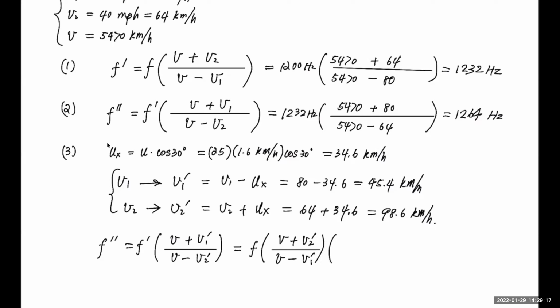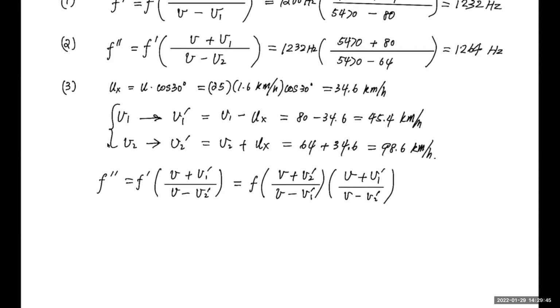And then don't forget this existing factor of V plus V1 prime and V minus V2 prime. Okay, now that you look at the last two parentheses, they don't exactly cancel each other out, do they? Right, and so you can plug in the numbers here now, 1200 hertz.